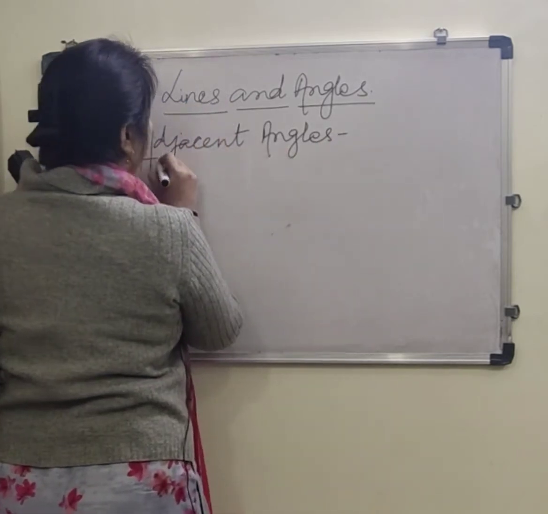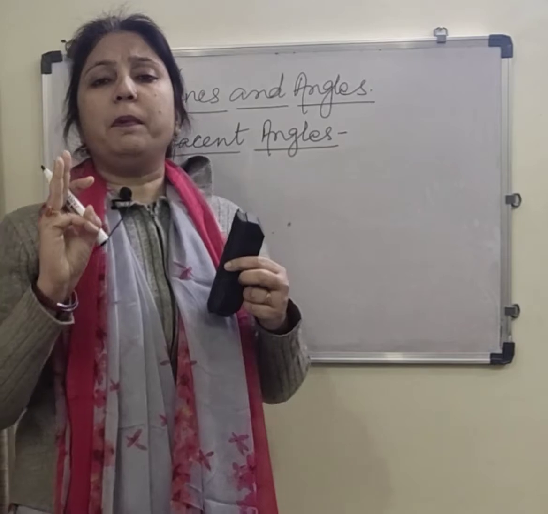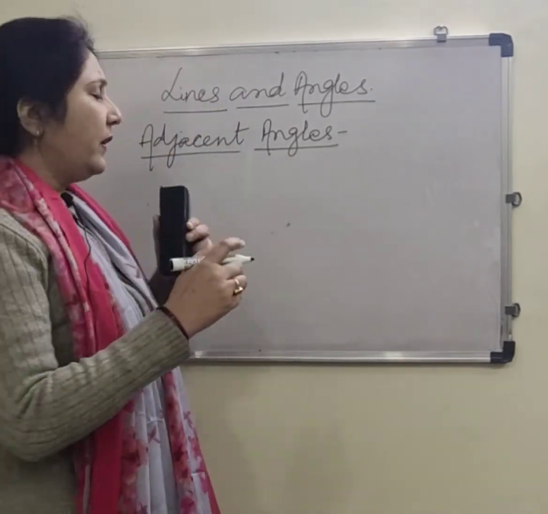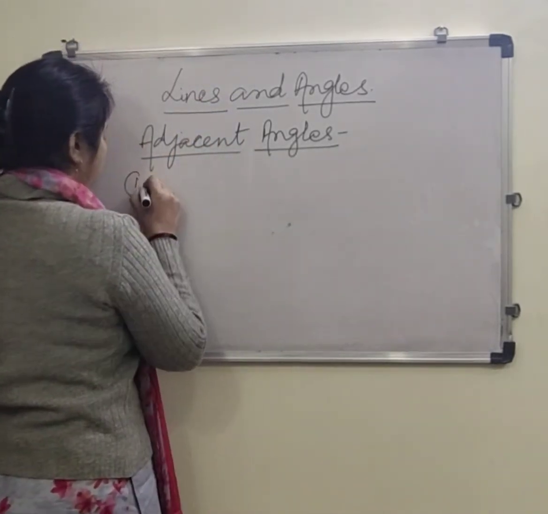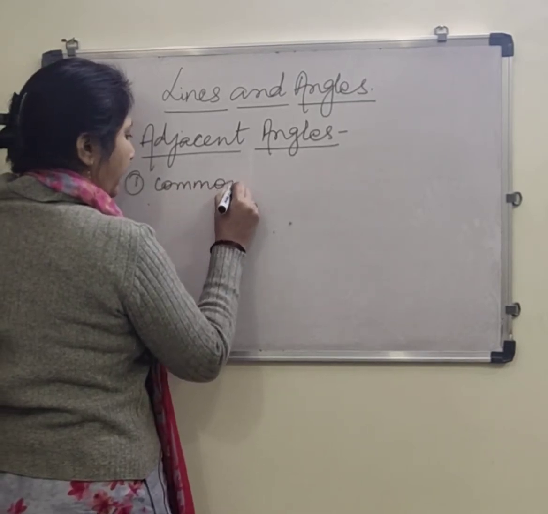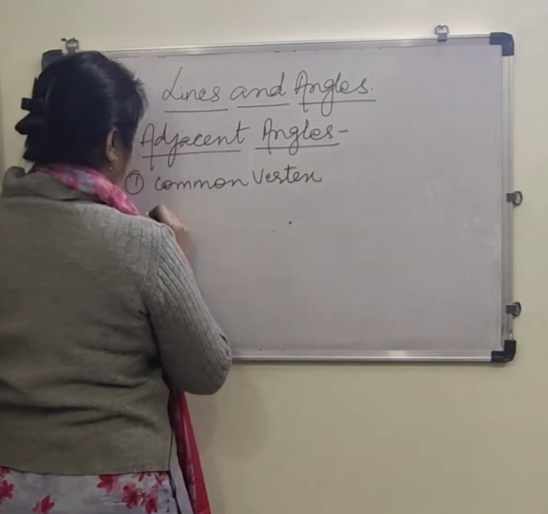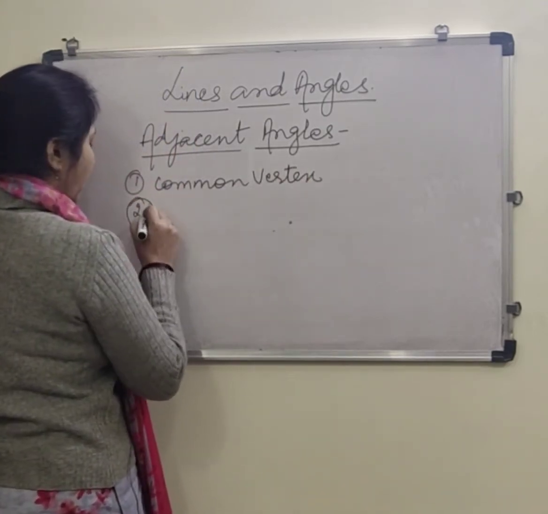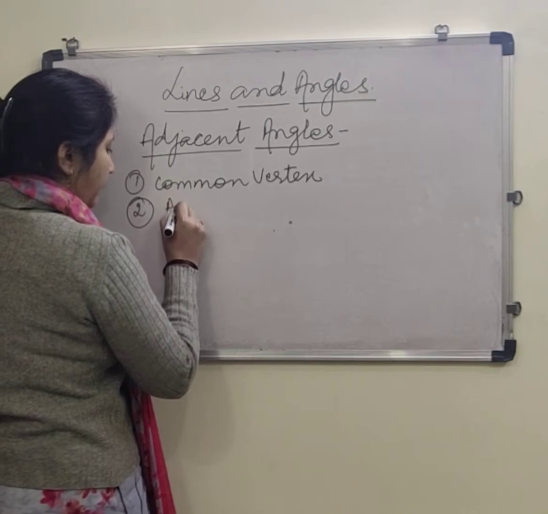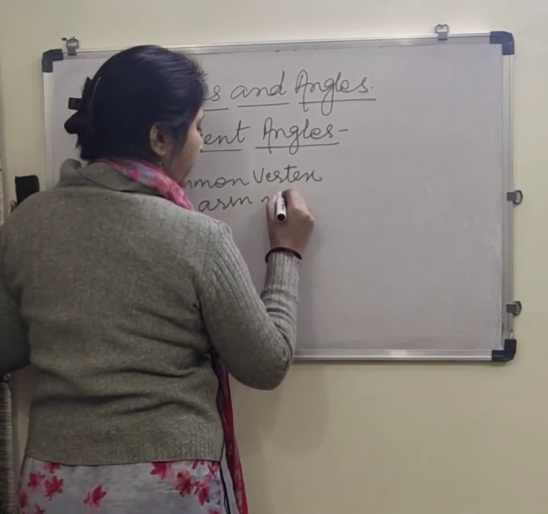For getting adjacent angles, three conditions should be fulfilled. First thing, common vertex. Second thing, an arm in common.